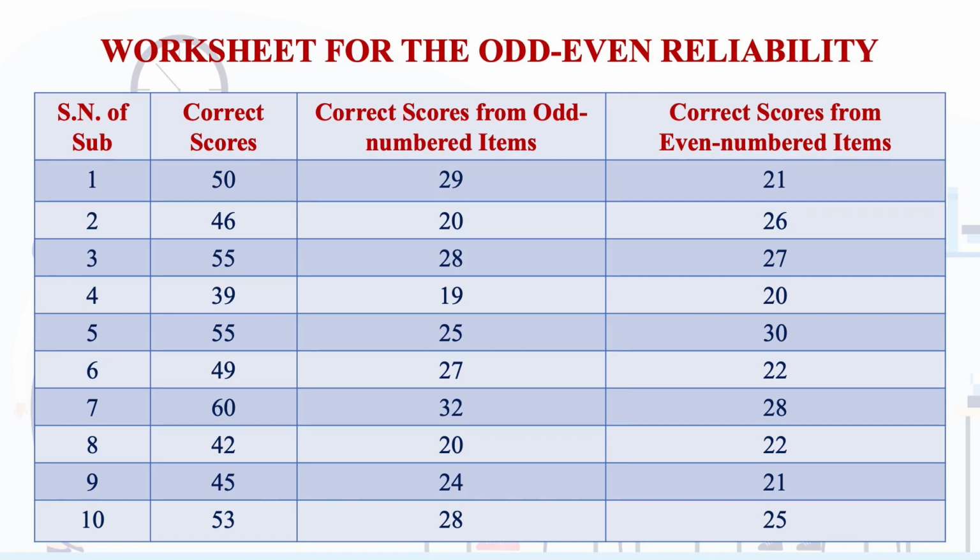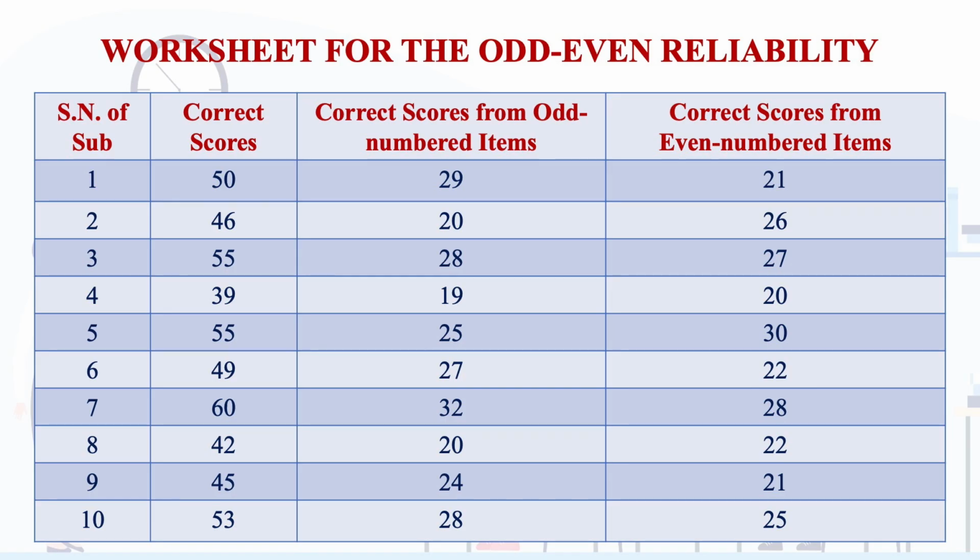Then what you will do, you have to split these full scores into two equal halves. So how to do it? Certain techniques you have to follow. One technique is splitting the whole test into two by using odd items on one side and even items on the other side. This can also be done using other techniques, like the first 50 items, that is serial number 1 to 50. If the total number of items in the test is 100, then you put items 1 to 50 on one side and items 51 to 100 on the other side.